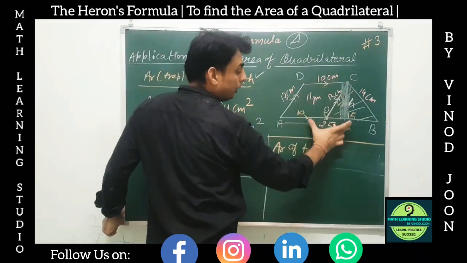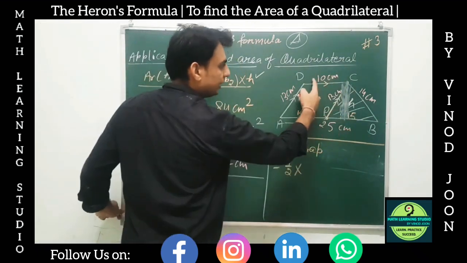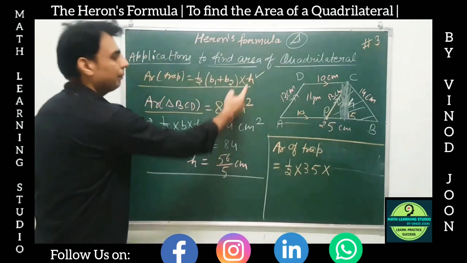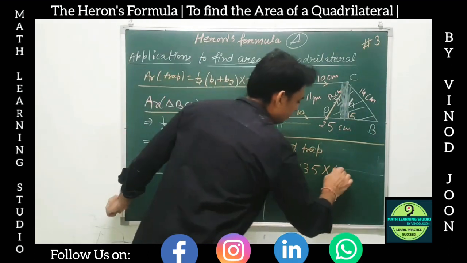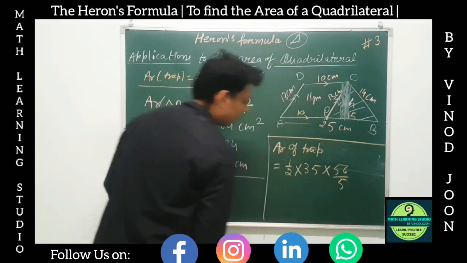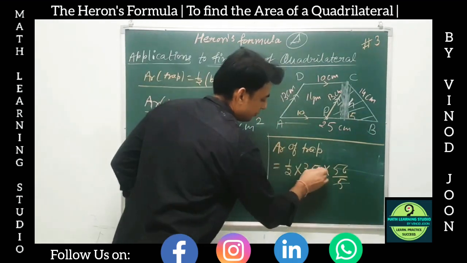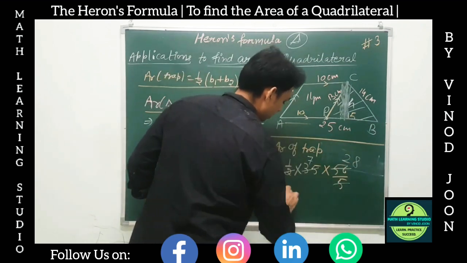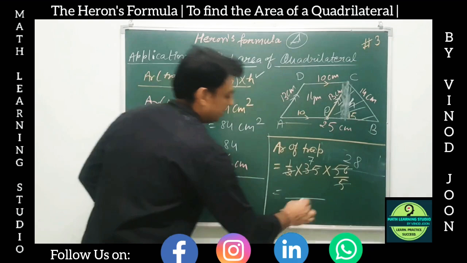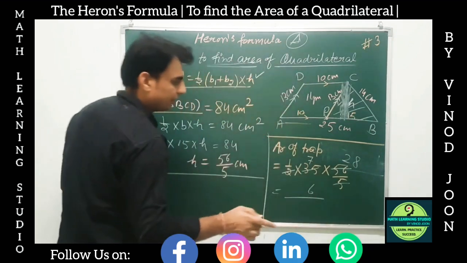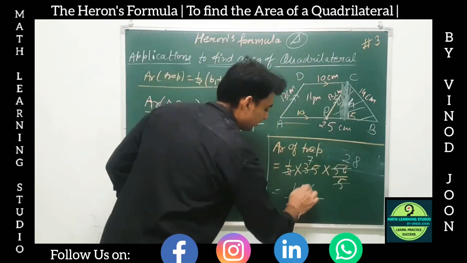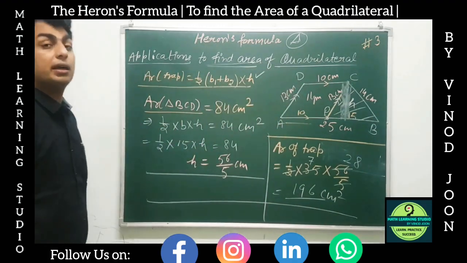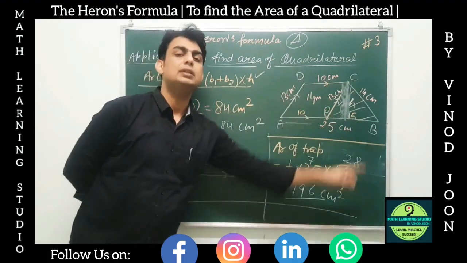Now we talk about the complete parallel sides. 10 plus 25, so it will be 35 multiplied by height, which is 56 by 5. We can cancel them. So 5 7s are 35 and 2 2s are 28. So it will be 7 8s are 56. 5 7 2s are 14 plus 5, 19. So 196 centimeter square is the area of this complete trapezium.